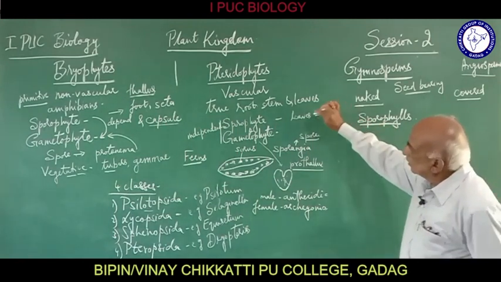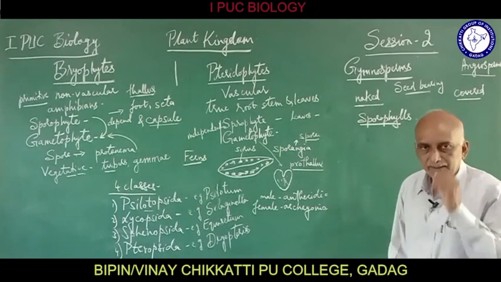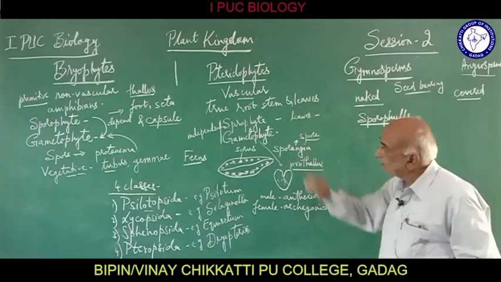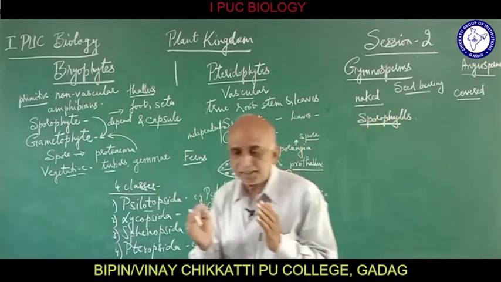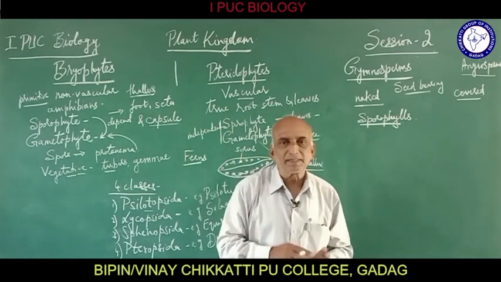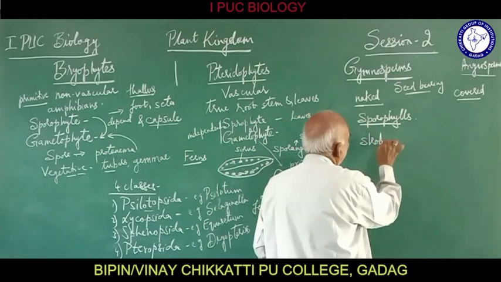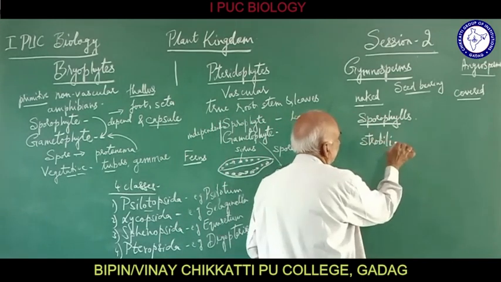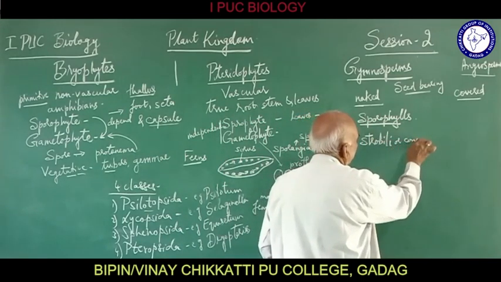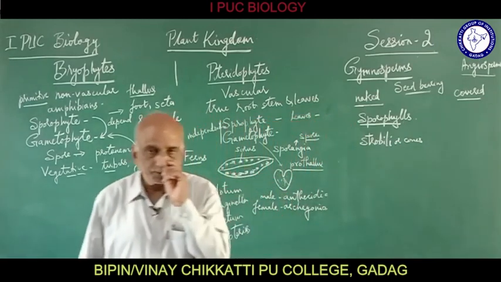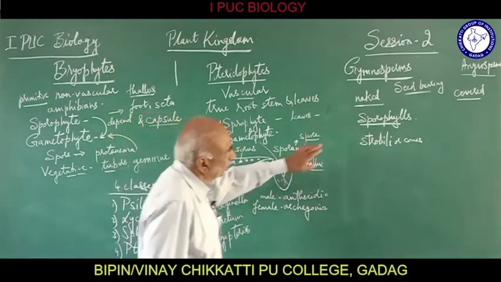So these sporophylls, in some plants, sometimes form a cone-like structure, and that cone-like structure is called strobili, or it is also called cones.